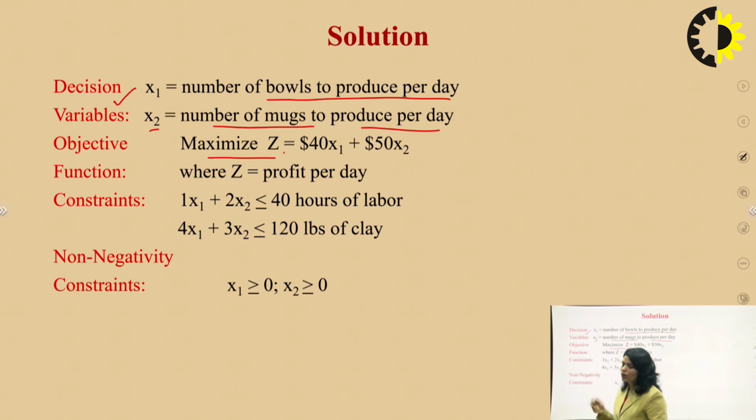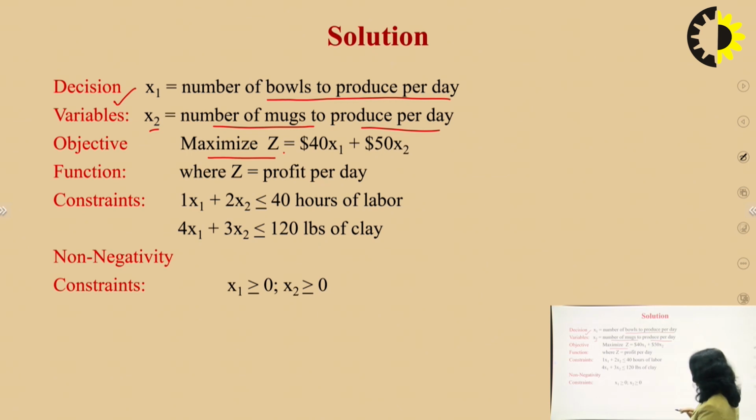Now we will construct the equations for the constraints. We will write down the constraints. How will we do it? 1x1 plus 2x2 less than or equal to 40 hours of labor. So first we are writing the constraint for the labor.